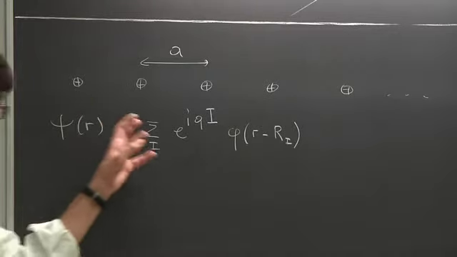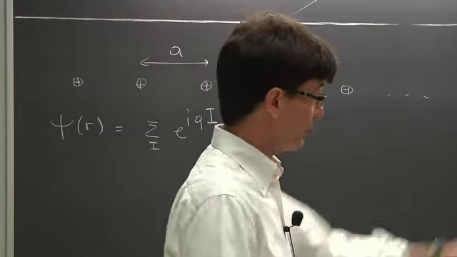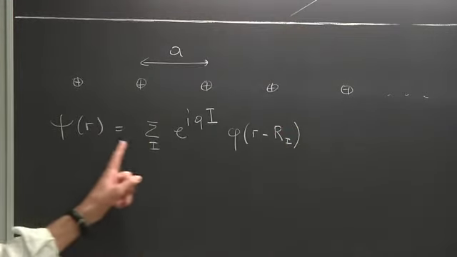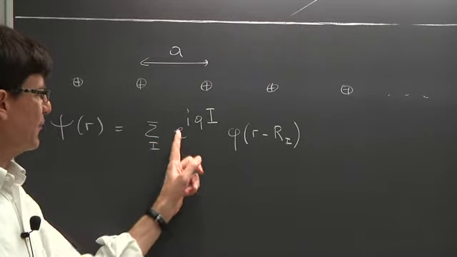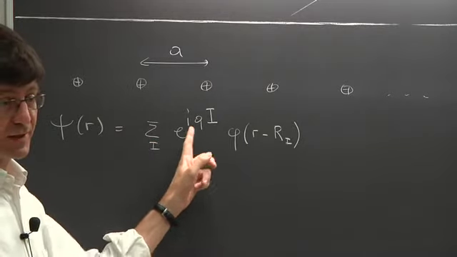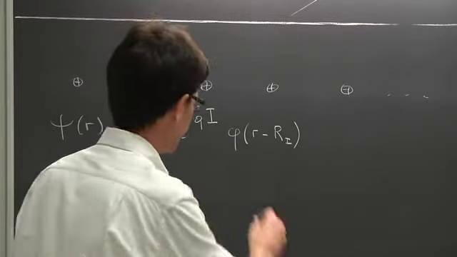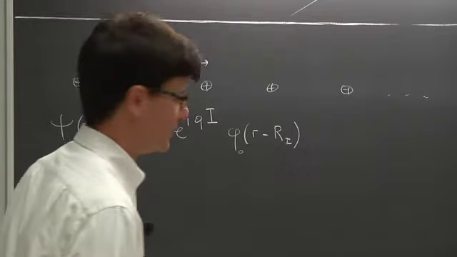I'm just writing explicitly what we wrote at the blackboard last time. That is, the wave function is the sum over some coefficients which we determined to be e to the i q R_i times the atomic wave function. I think we call it phi zero. Fine.